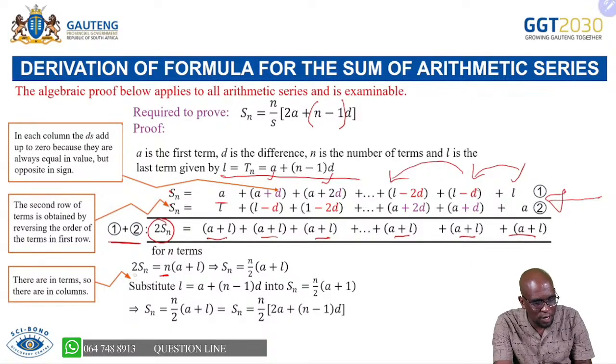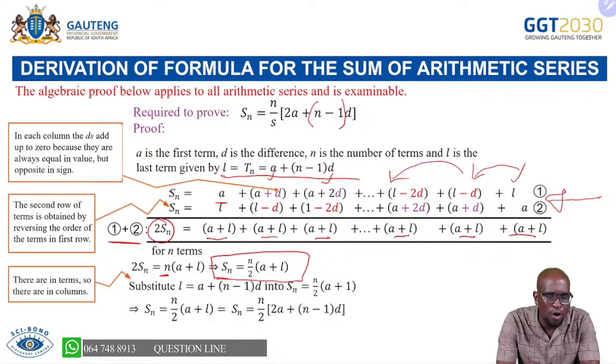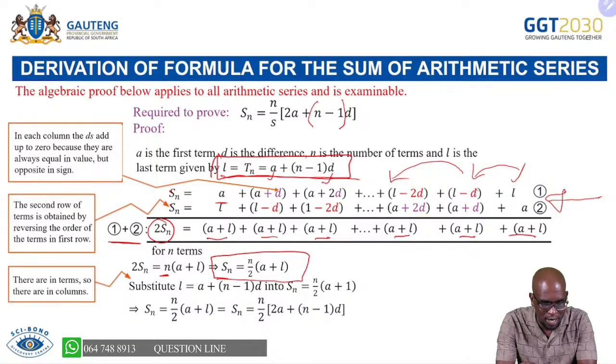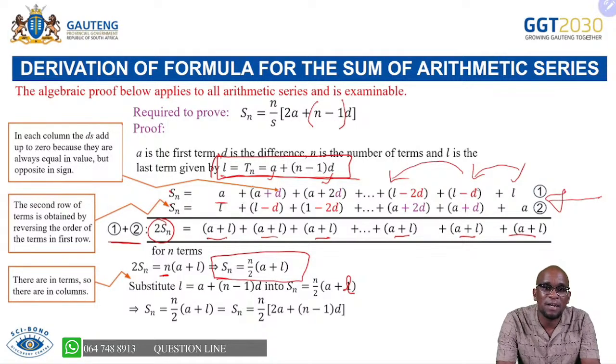Now simplifying further, we can divide by 2. Dividing by 2, you see, now gives us Sn is n over 2 into a plus L. Now, remembering what we opened with, that Tn is a plus n minus 1 d, we can replace L with a plus n minus 1 d.